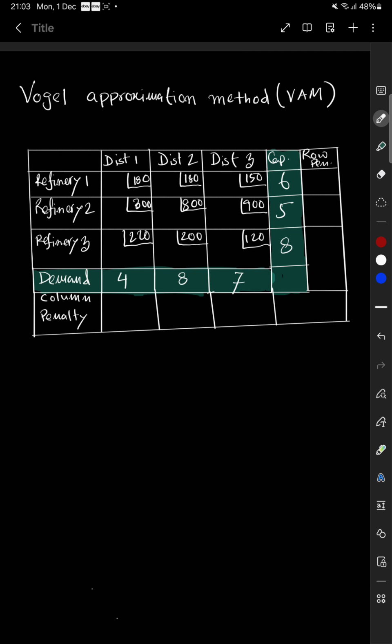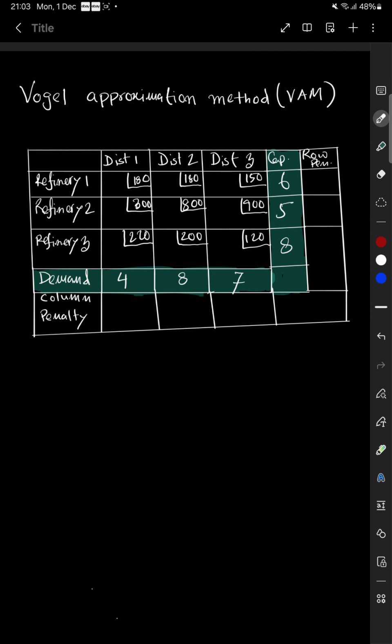First, look at the column. It looks spacious. It would be easier to do in here. So to get column penalty, we have to look at the values inside the column. Don't consider this highlighted one because this is our demand and capacity. That's not our concern. For now, our concern is the one inside, I mean the distance from refinery to distribution center.